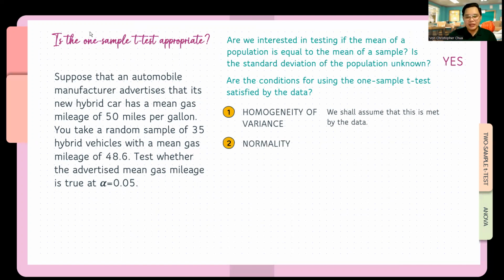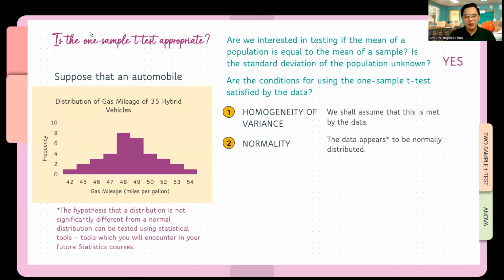For normality, one of the things that we can do is to create a histogram for the sample data. And this is exactly what we see here on the left side of the screen. And we should be able to notice that the histogram appears to be normally distributed.